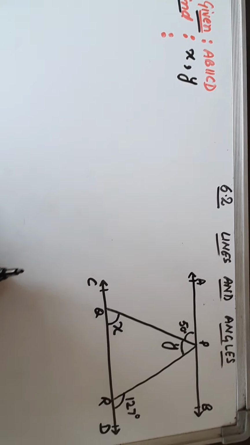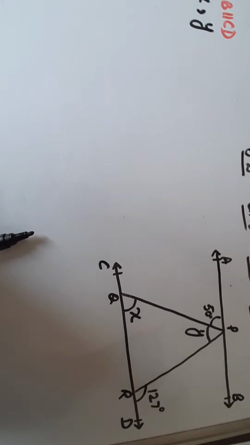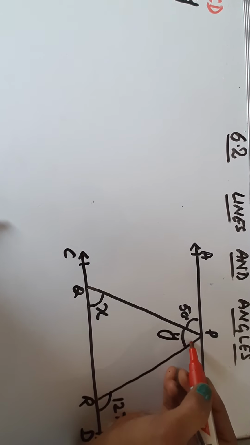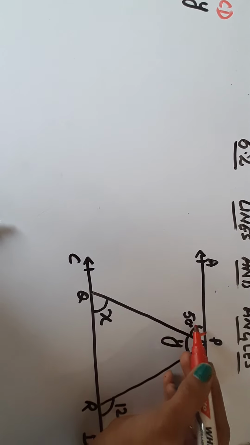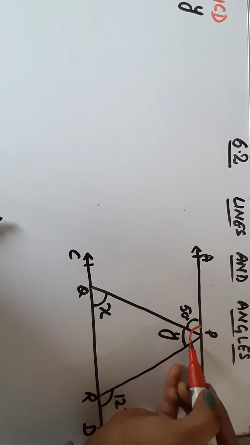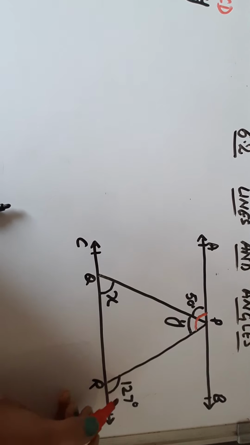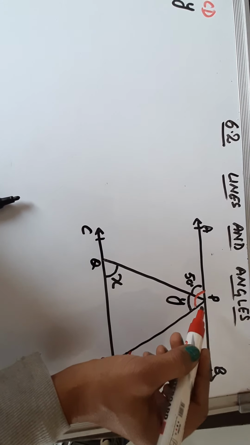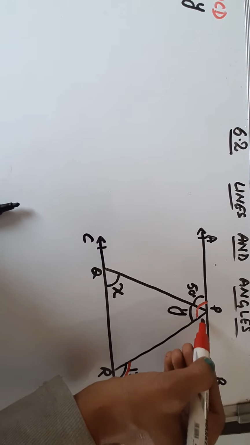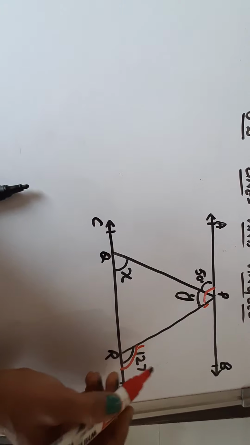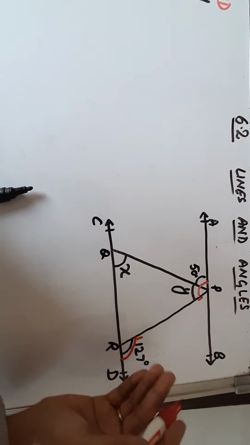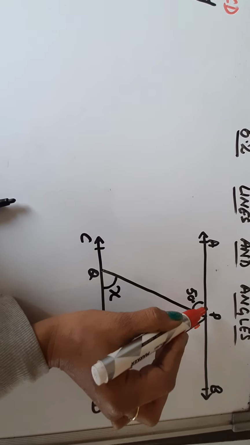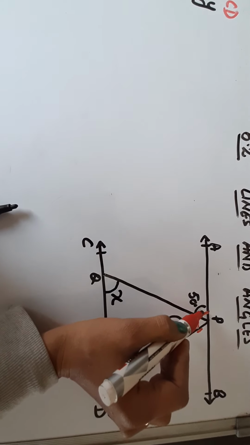So from here we can conclude that, see, if this is a transversal and this complete angle, if I join these two angles, this angle is touching a parallel line and this angle is also touching a parallel line and the same transversal. That means on left side, right side, these two are alternate interior angles. So this whole angle will be 127 degrees.